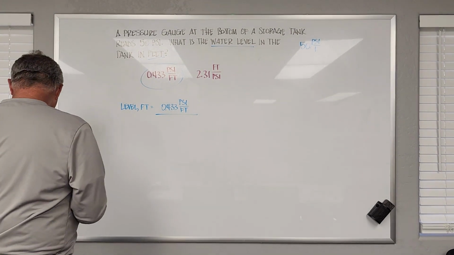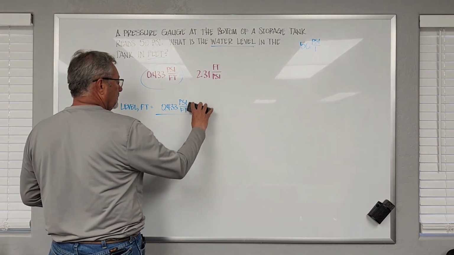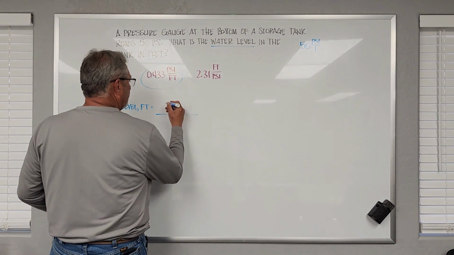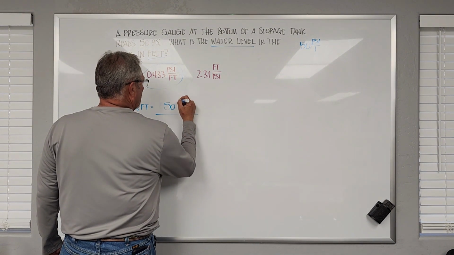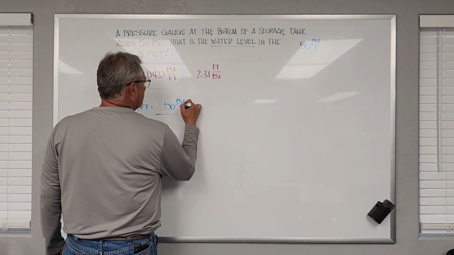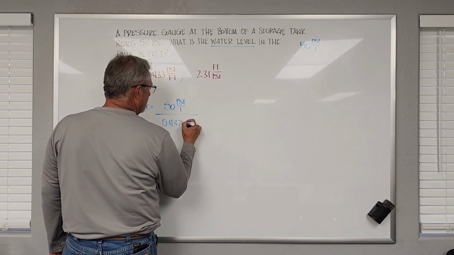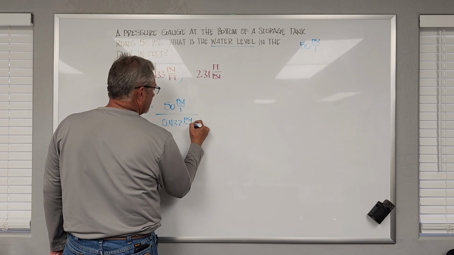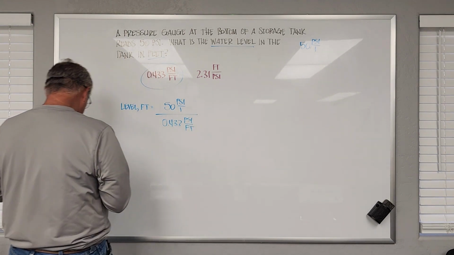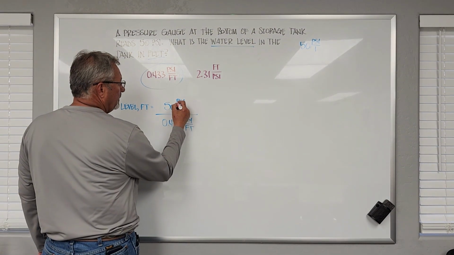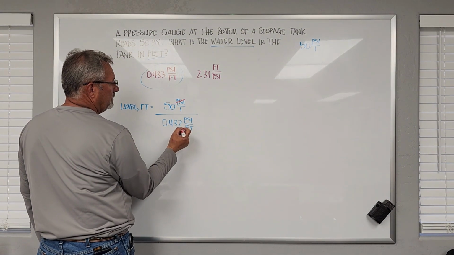So let me rewrite this. Let me write it like this. 50 PSI over 1. And we're going to divide that by 0.433 PSI per foot. Let's cross cancel. I've got PSI here, which is over the division line.